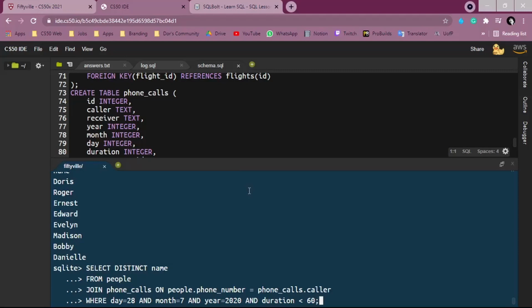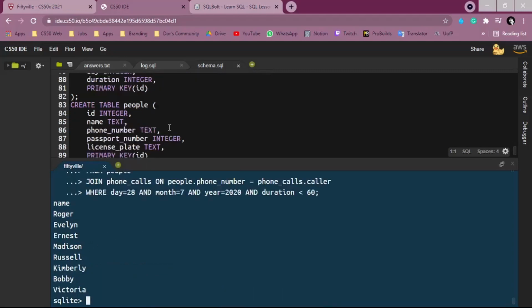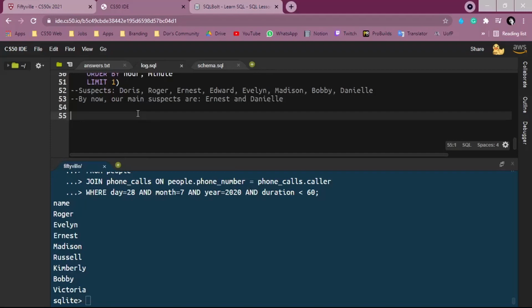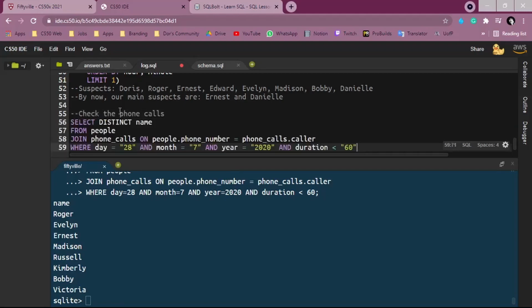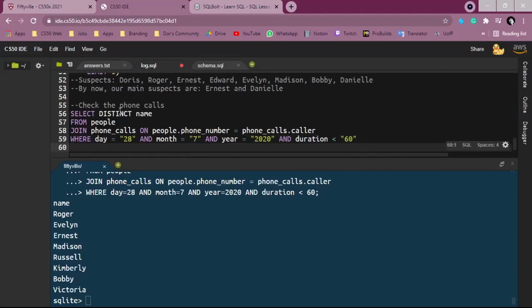And now we can find out the new suspects. So with this we have new suspects. So let's place it in here, check the phone calls, and we can paste it in here, okay. And now we can get some suspects.